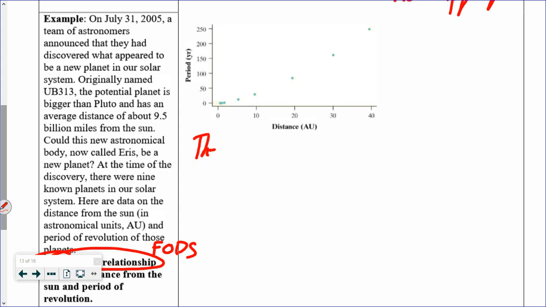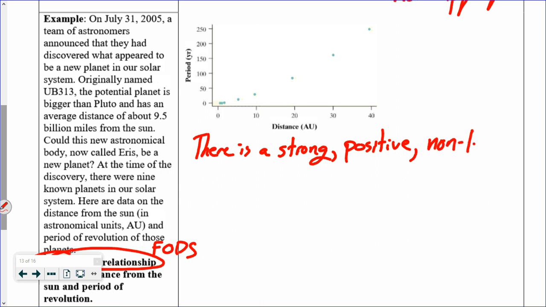Let's say there is a strong, that's your strength, obviously, positive, that's your direction, and I'm going to say nonlinear, that's your form, so that's strength, direction, form.